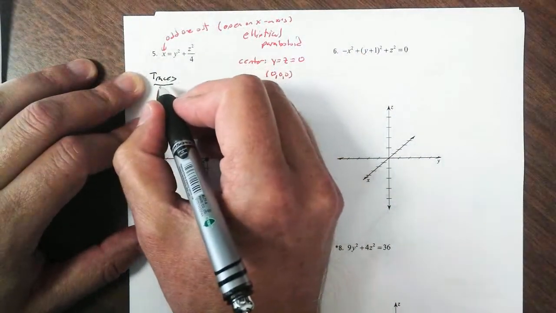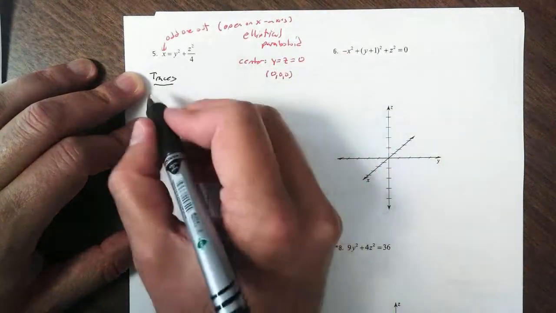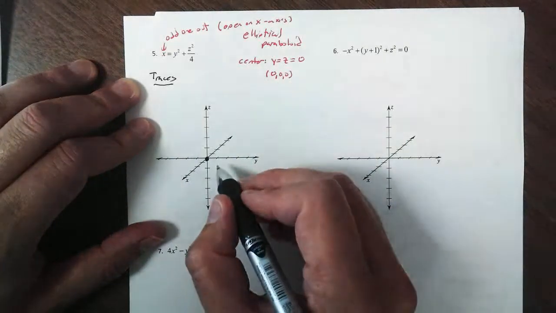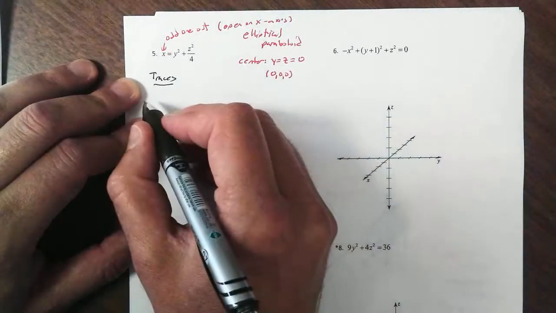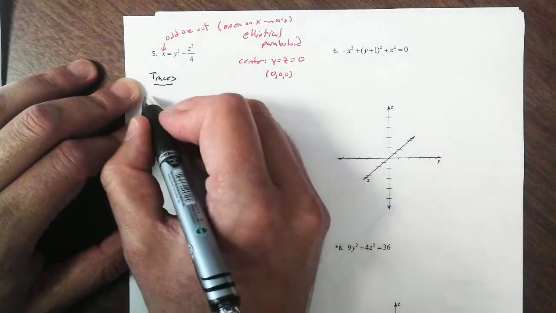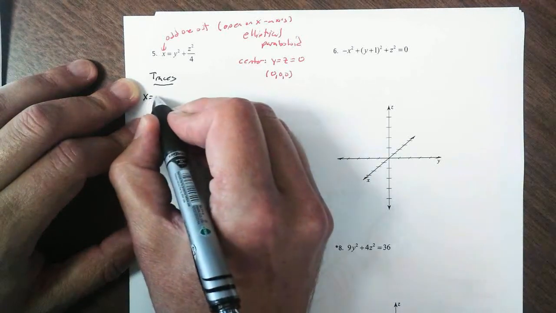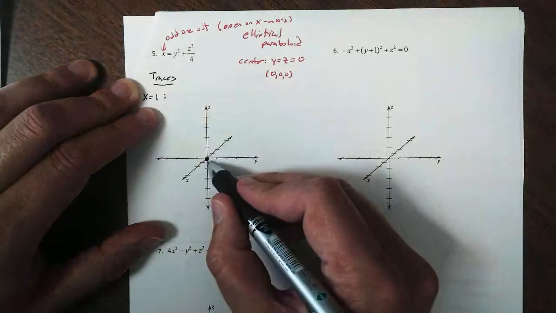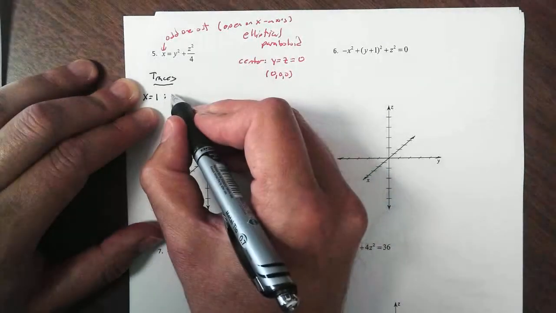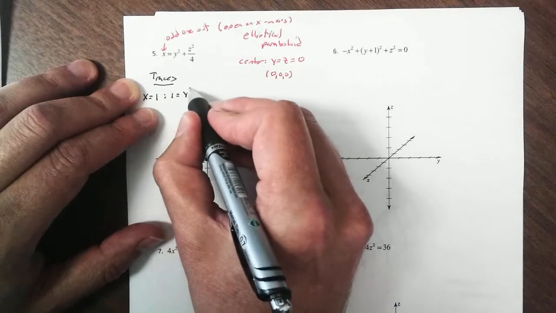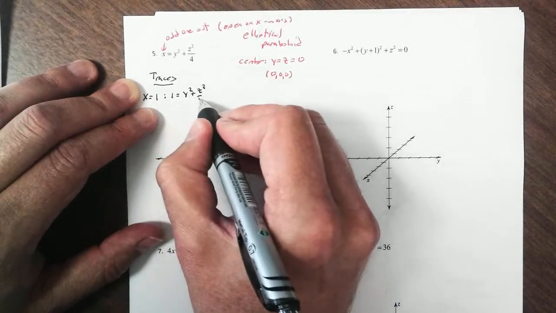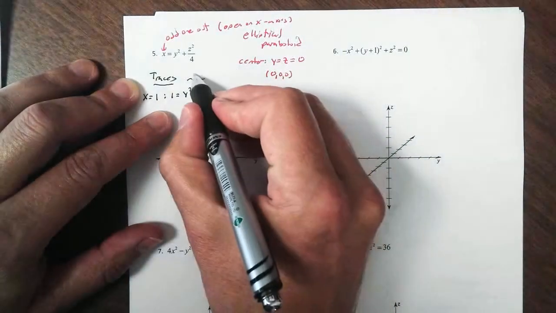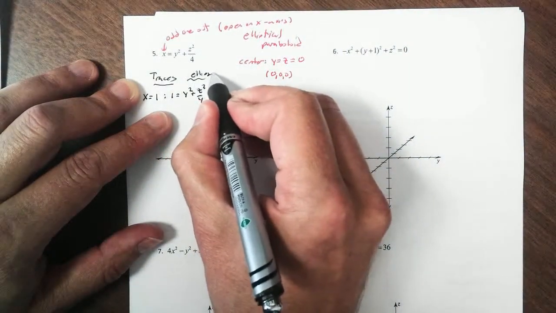For example, if I let x be 1, coming out this way, we're going to get the equation 1 equals y squared plus z squared over 4. And if you notice, right here, this is an ellipse. That's my trace.